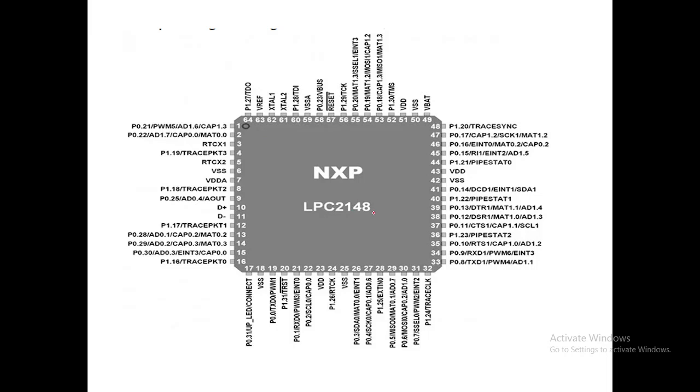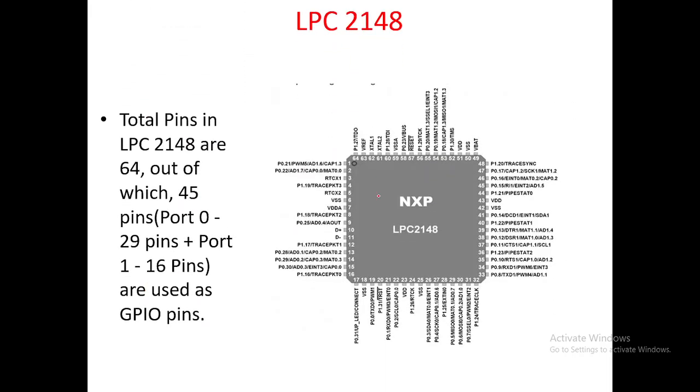This is the pin diagram of the NXP 2148. This IC has a total of 64 pins. Out of these 64 pins, 45 pins are from port 0: 29 pins, of which 28 pins are for general purpose input output, and 1 pin works as output only.